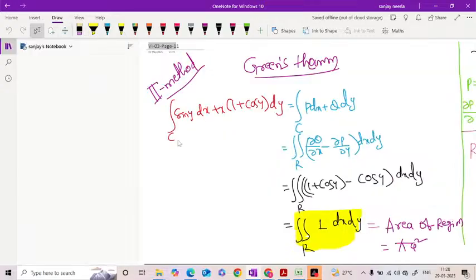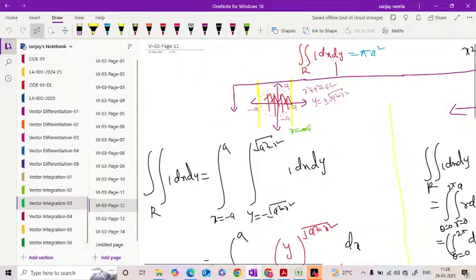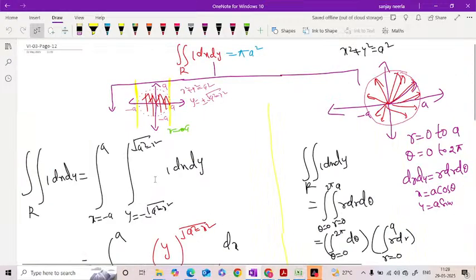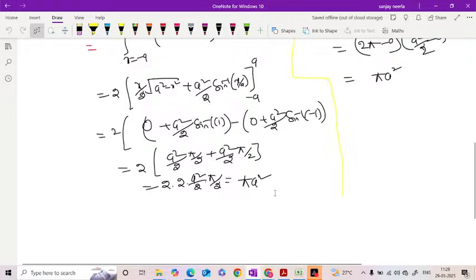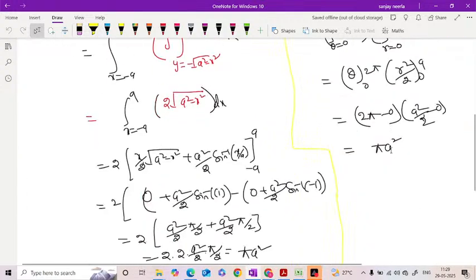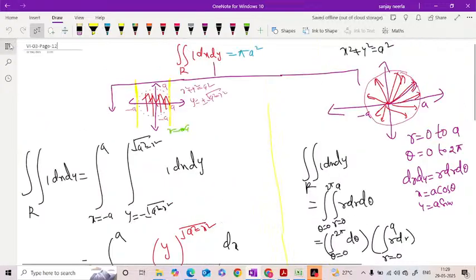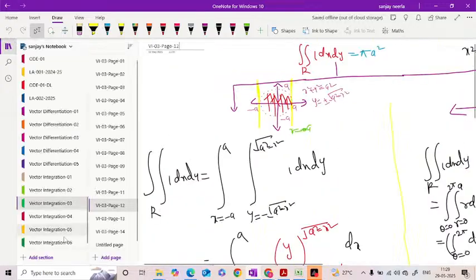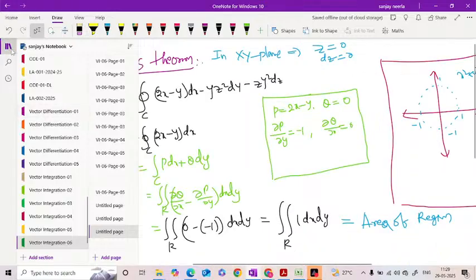This is by using the formula, or by using the Cartesian form also we can solve. The result is pi a square, or by using the polar form also we can solve. Anyway, I am directly using the results, I am not solving because we already know that.